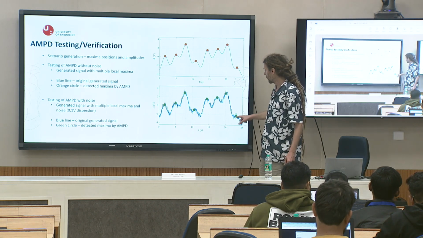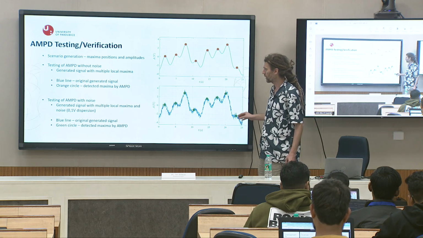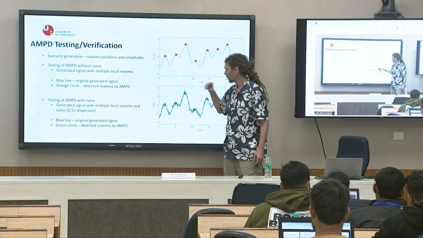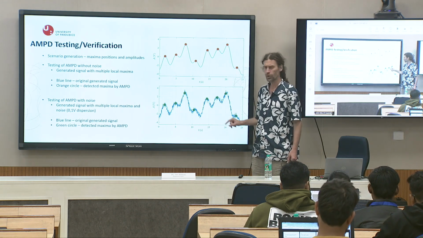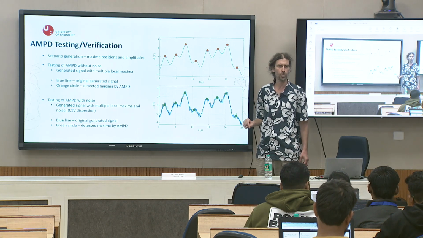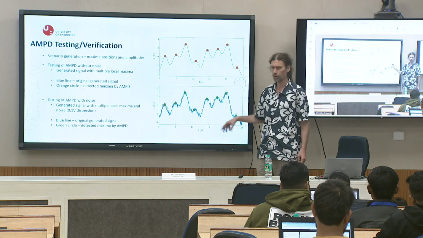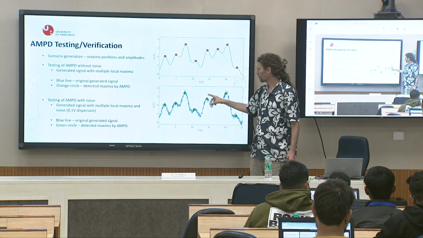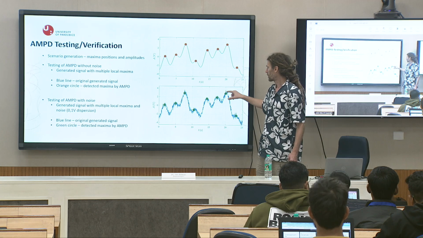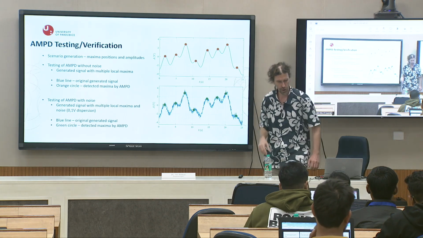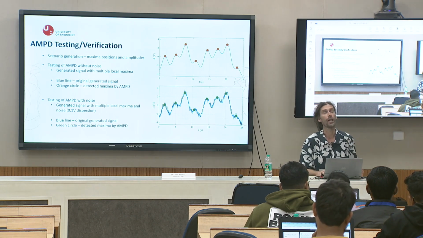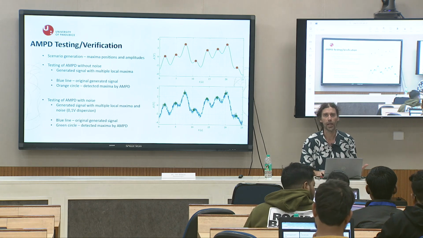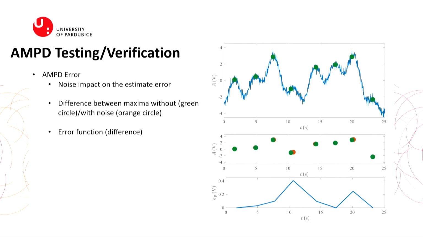But if you use some level of noise, this is an example, I think, where we generate a signal from -4 to 4 volts, and the level of noise was like 0.2 volts, like a random signal. And then we just compare the green points and orange points, and we could evaluate for different levels of noise how accurate this AMPD algorithm is.